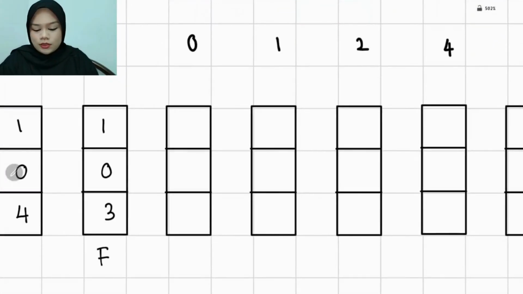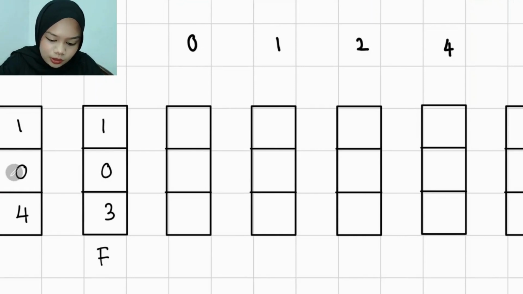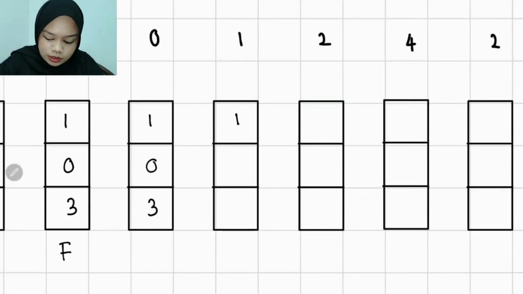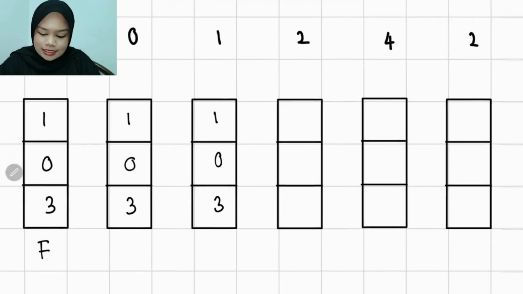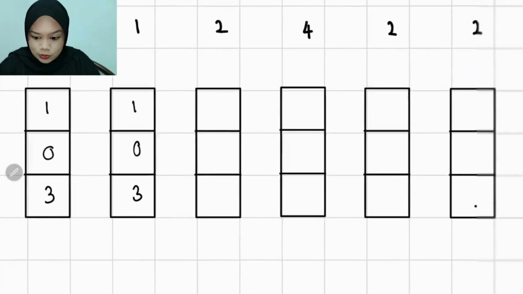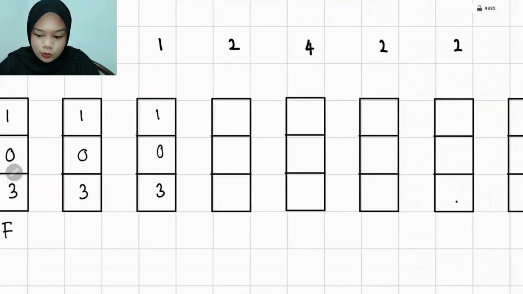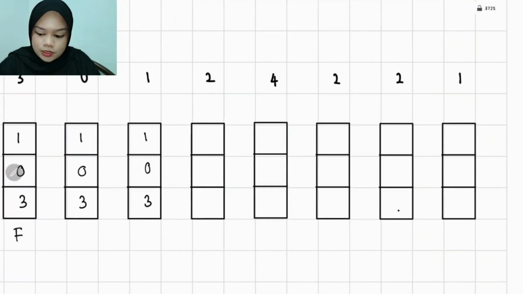Next we continue with 0. 0 is already in the frame, so we just copy it, and 1 is also already in the frame. Next is 2. There is no 2 in the frame, so we use the optimal replacement algorithm.